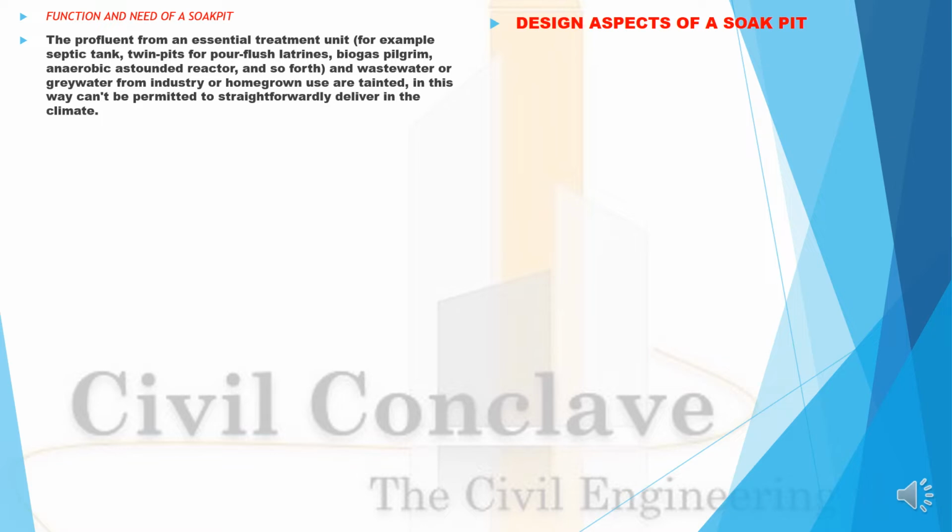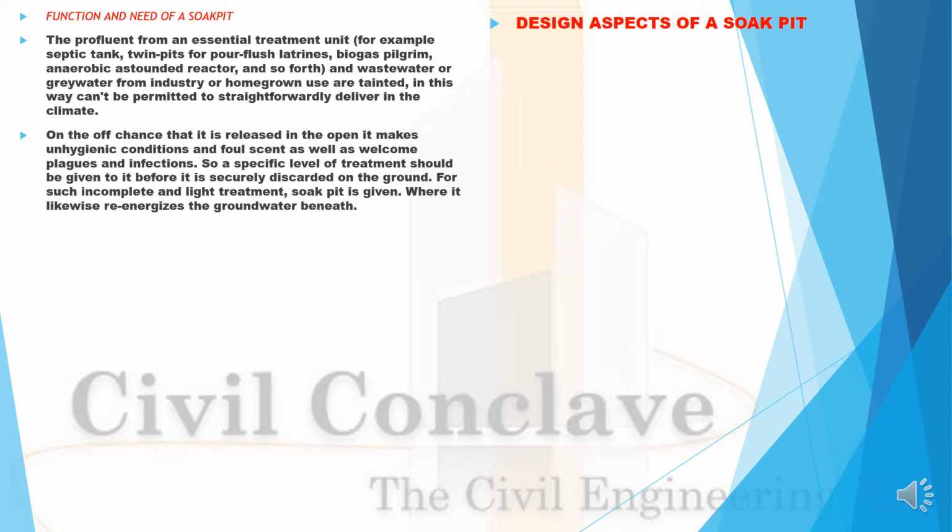The effluent from the primary treatment, for example septic tank, etc., and wastewater or grey water from industries and home ground use are contaminated. In this way it can't be permitted to be released straight into the environment, that is nature. If it is released in the open, it makes unhygienic conditions, foul smell, etc. So a specific level of treatment has to be given before it is discharged to the ground.